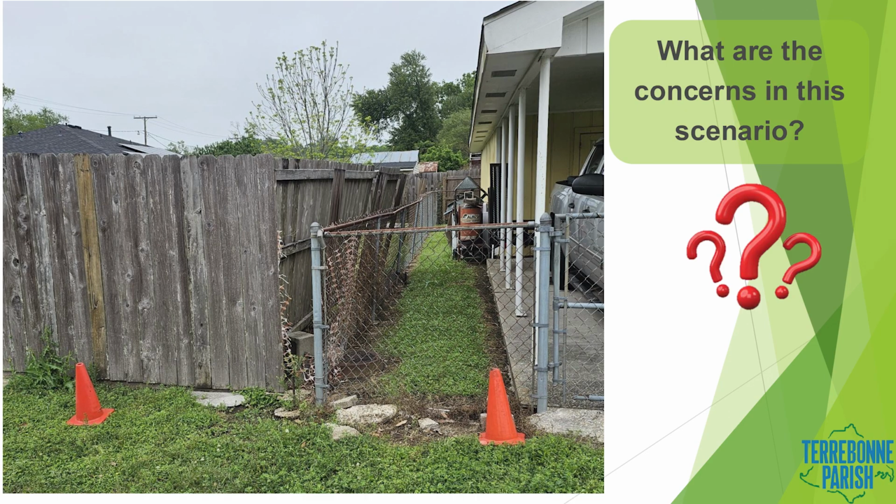So you can see in this photo, the two cones represent the servitude, which run like this. So the edge of this servitude going that way is the cone. The edge of it here, which is 10 foot from cone to cone, runs that way.